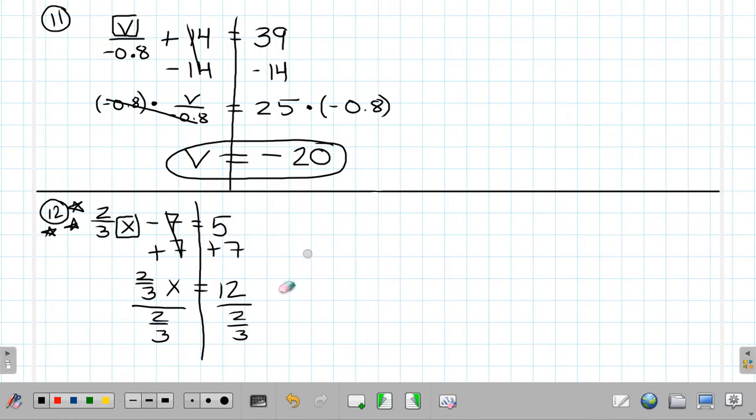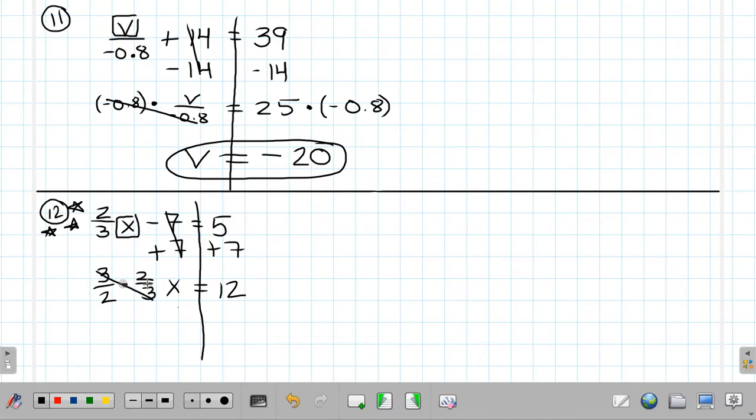So kind of like we talked about in the one-step equation videos, same thing goes here: if you ever need to divide by a fraction, you can instead multiply by the reciprocal. The fraction is 2/3, its reciprocal is 3/2. And the whole point here is we do 3 times 2 is 6, 2 times 3 is 6, 6/6 is 1.